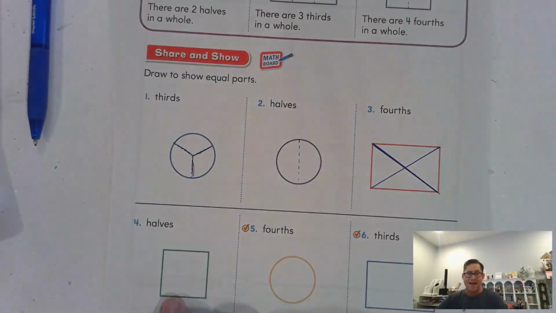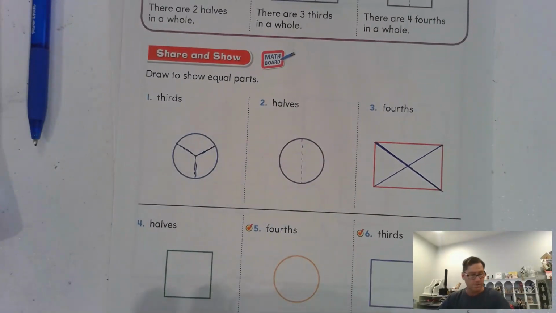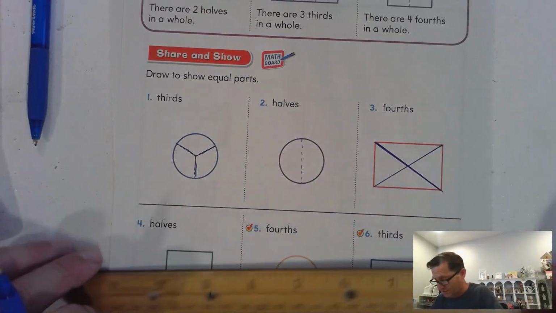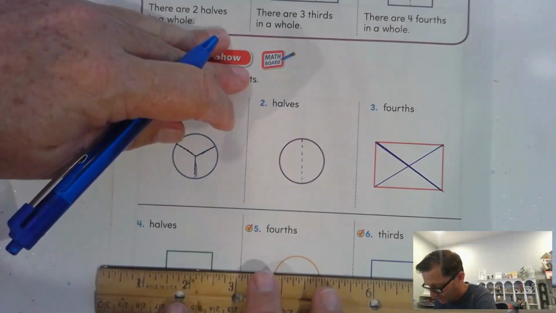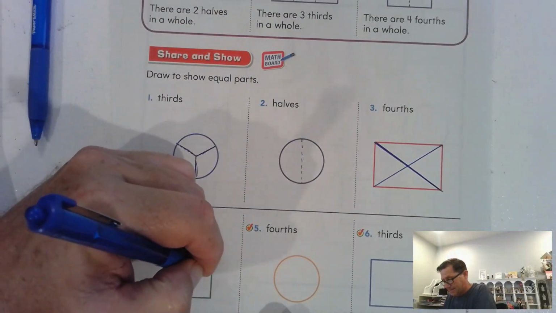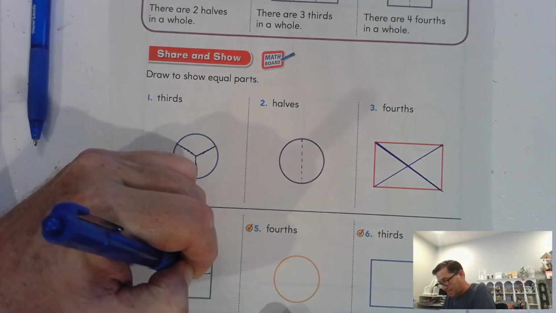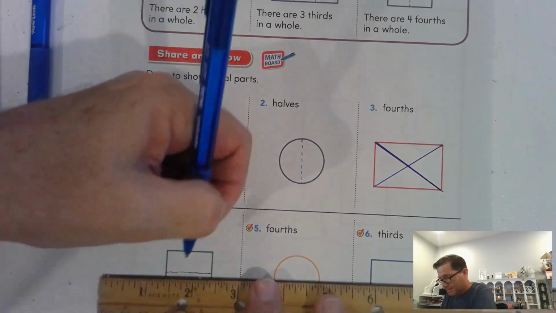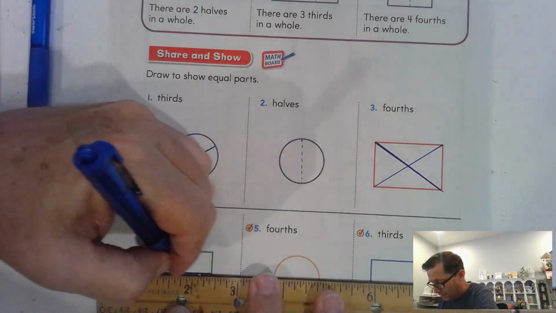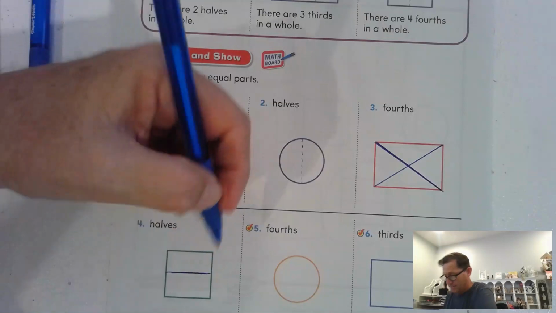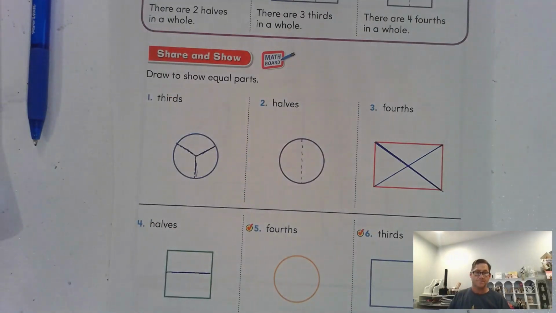All right. Halves. Okay, well, again, there's a couple ways we could do that. I guess I'm going to split this one exactly in half, going this way. It might be a little off, so we could probably be a little more exact.